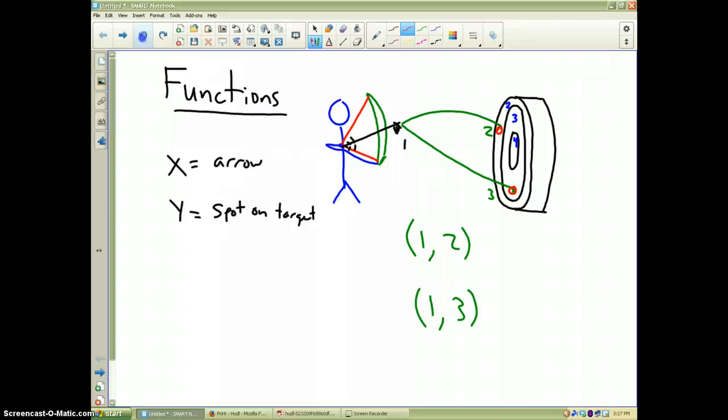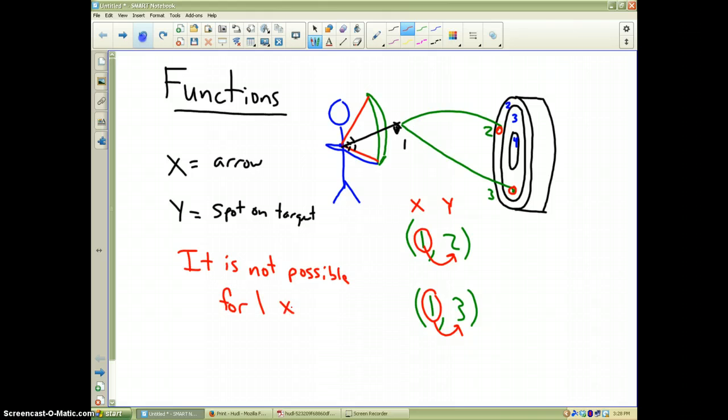Well, in math, it is physically impossible for the same x value to go to 2 different y values. It is not possible for one x value to go to 2 different y values.